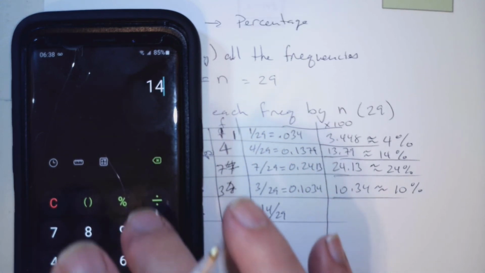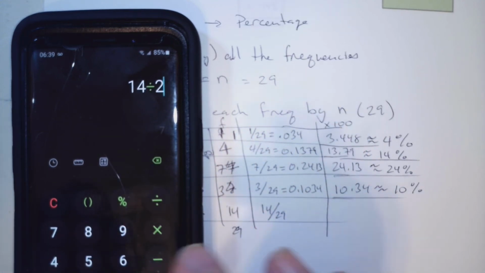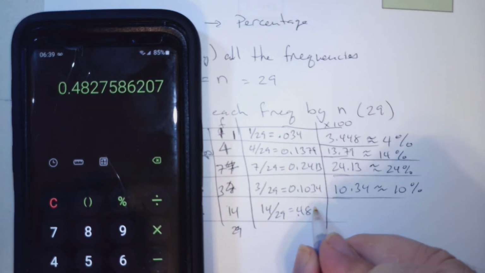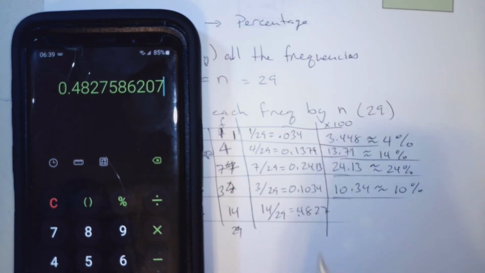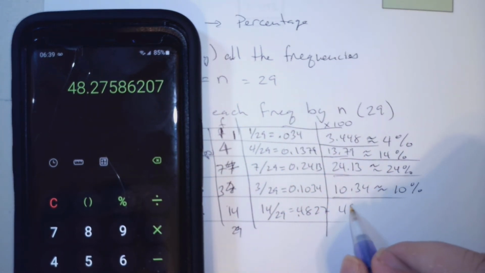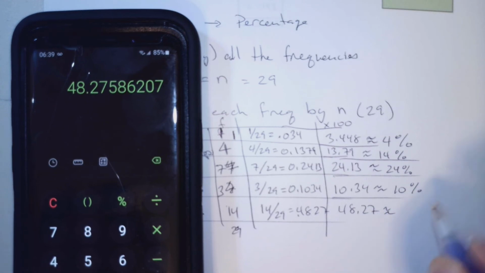And likewise, 14 divided by 29 equals 0.4827 times 100, or move the decimal 2 places to the right, 48.27.